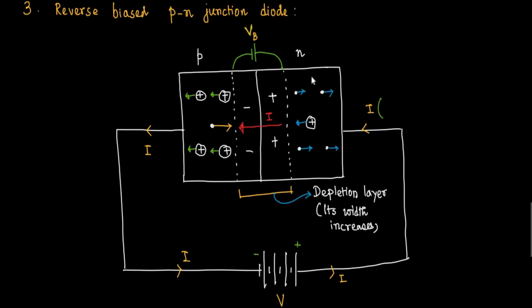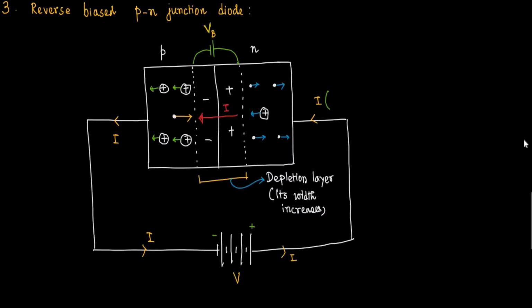Under the bracket of I, what can we write?